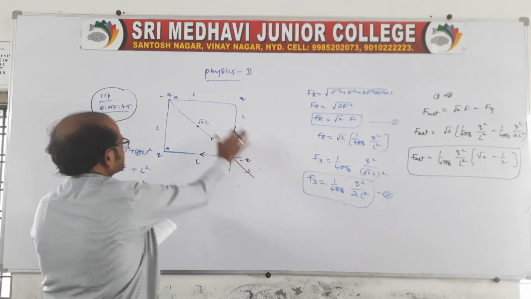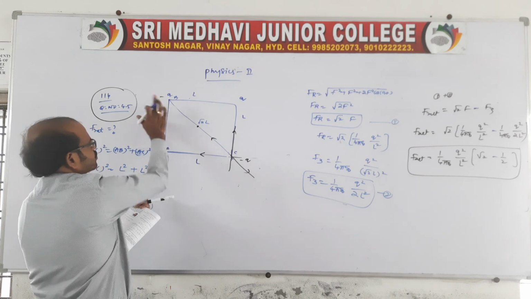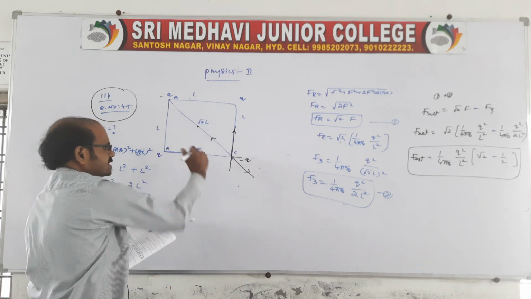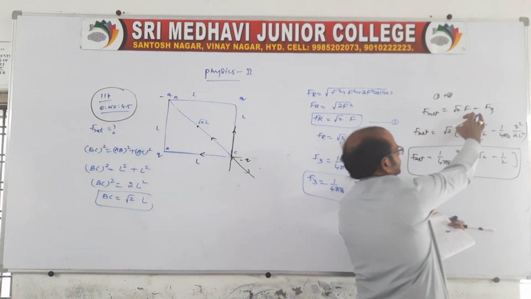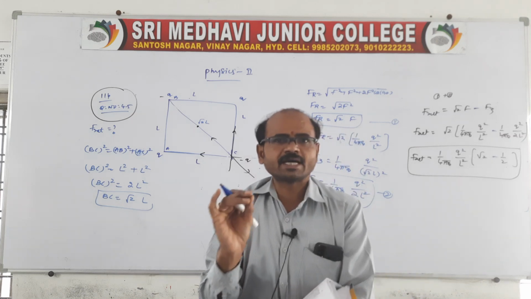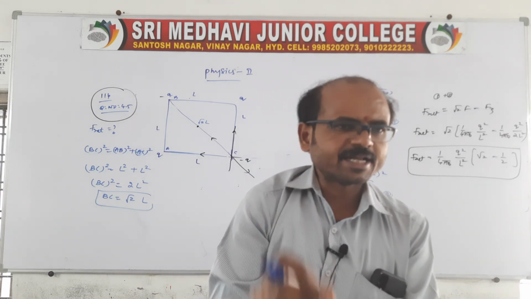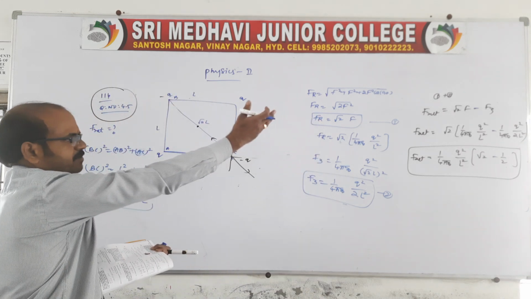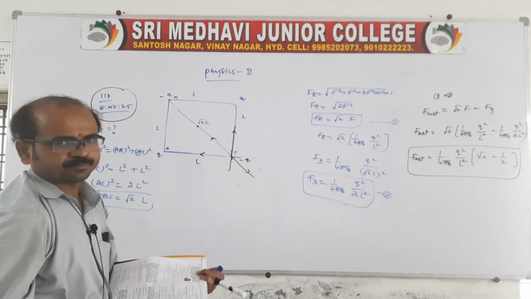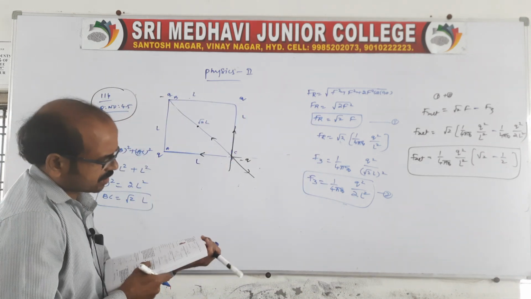Simple changes in this question, you change it to minus q. If identical charges are given, you take plus here. If minus charges are placed at opposite corners and plus q charges at the other opposite corners, then the net becomes root 2 F minus F3. The answer is the same, that is what I mean to say.